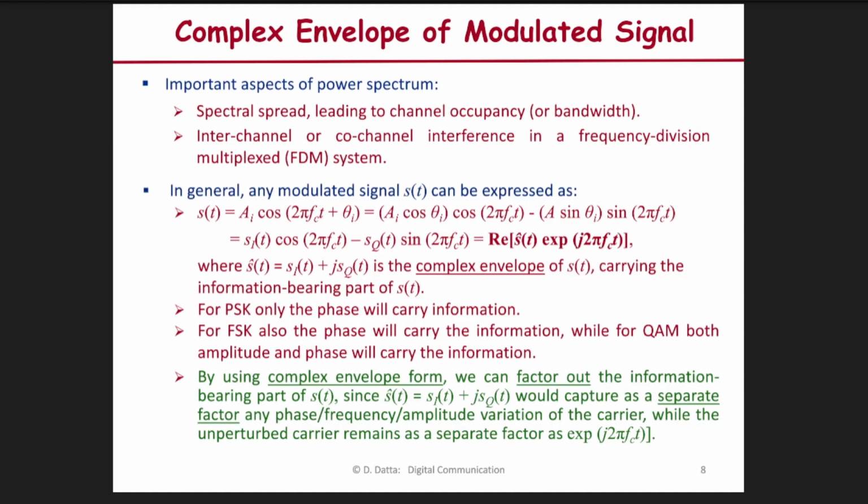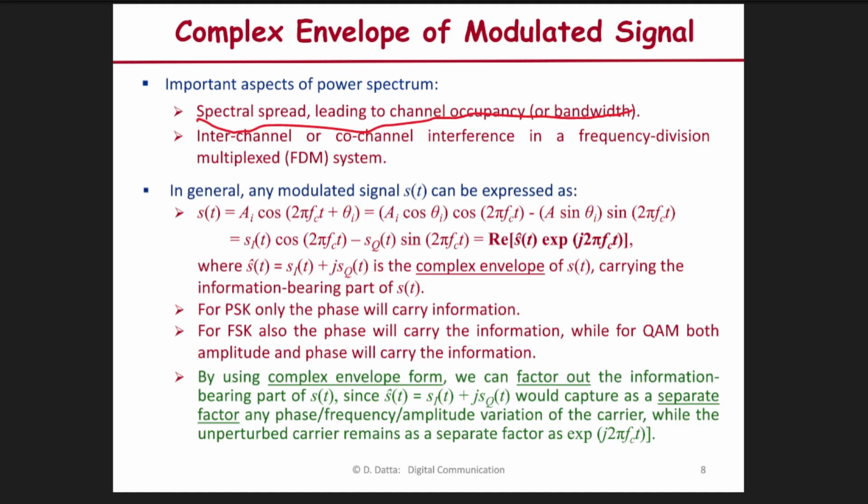Okay, let me explain. My objective now is to find out the power spectrum and various other features. Why is the power spectrum important? Because I want to know the spectral spread of the signal. When you modulate the signal, around the carrier you have a spectrum, and that spectrum has a spectral spread. If the spectral spread is large, then you cannot transmit many signals at a time.